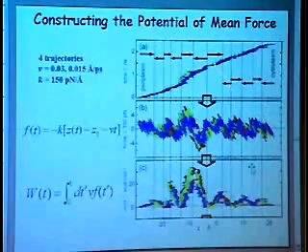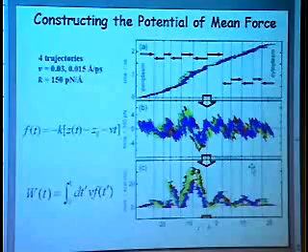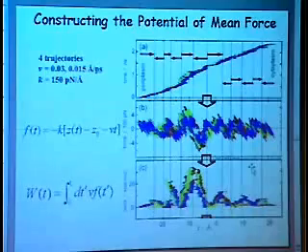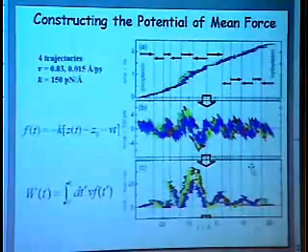This pattern repeats here, here, here. Basically, we started from the position of glycerol in the crystal structure, equilibrated there, and then pulled it a few angstroms in either direction, collected information, and then you can put these pieces together.